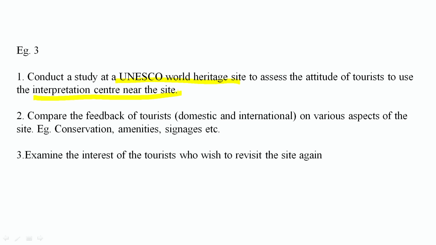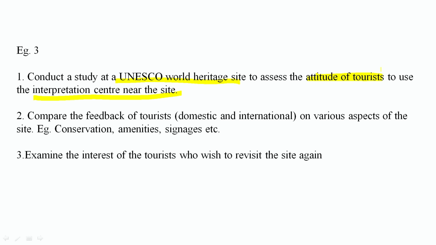We all are aware that tourists visit World Heritage Sites, but do they visit the interpretation center? Because interpretation centers are constructed with advanced technology and there is a lot of investment in it. So, we can understand the attitude of tourists who use the interpretation center nearby the site or not.